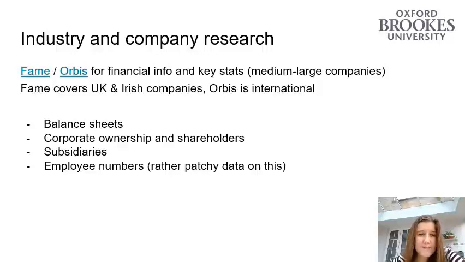So if you're looking to put together for your appendices some key statistics about your company, this is a really good place to look. I will mention that the employee numbers data is quite patchy. It generally has that data for the large organisation as a whole, but not necessarily for each of the subsidiaries.